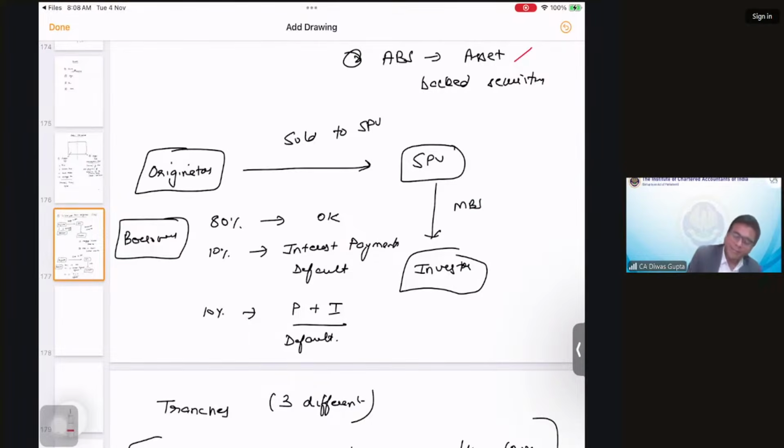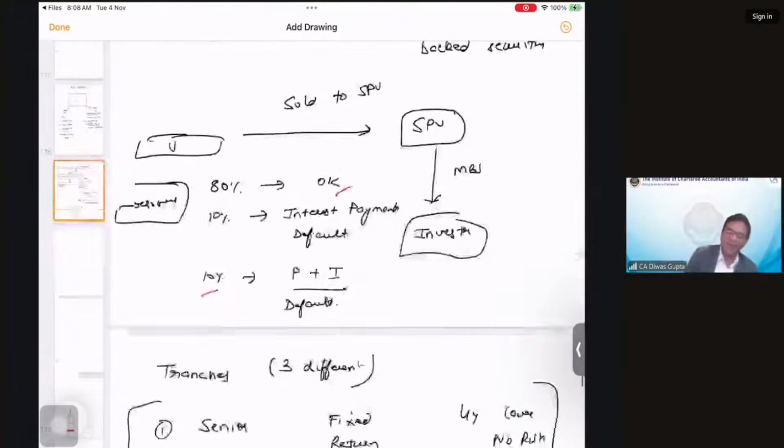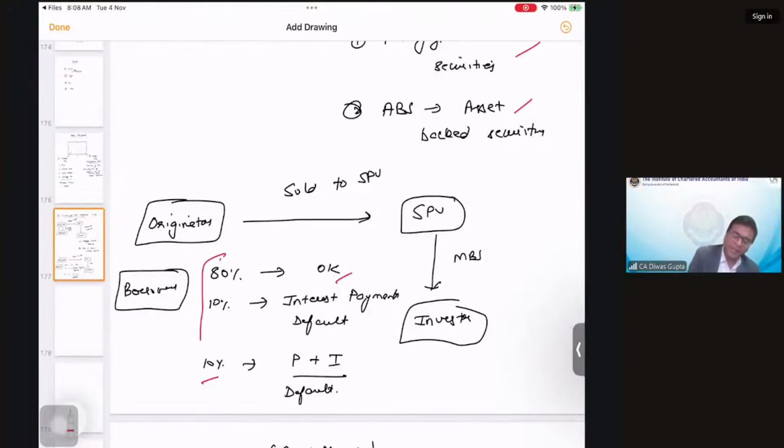Now here, 80% of the borrowers are okay, they will pay on time. 10% of the borrowers defaulted on interest payment, and the balance 10% of borrowers defaulted on both principal and interest payment. Now, what has happened? There are different risks attached to the different borrowers, right? Some of them are okay, some of them are in a risky situation.